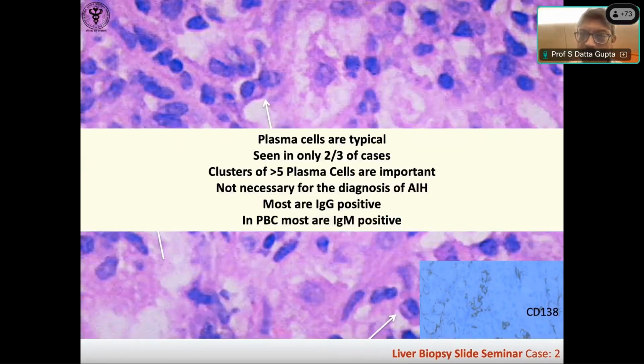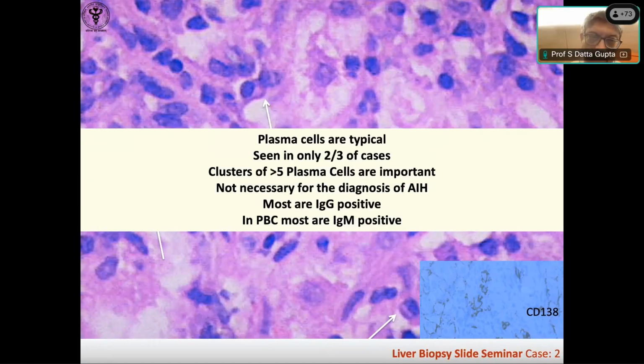Plasma cells are seen only in about two-thirds of cases. But if you see a cluster of plasma cells, more than 5, then it is important. Plasma cells are not necessary for the diagnosis of AIH. Please remember that. Even without plasma cells, you can make a diagnosis: there's severe hepatitis, serology is positive, and so on.